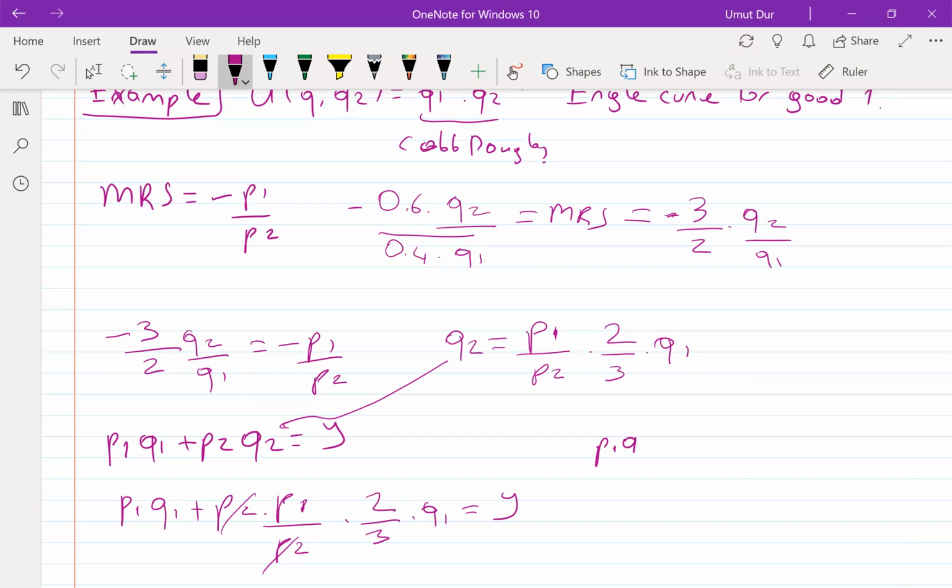So P1 Q1 in parentheses 1 plus 2 over 3 is equal to Y, and Q1 is equal to 3 over 5 times Y over P1.